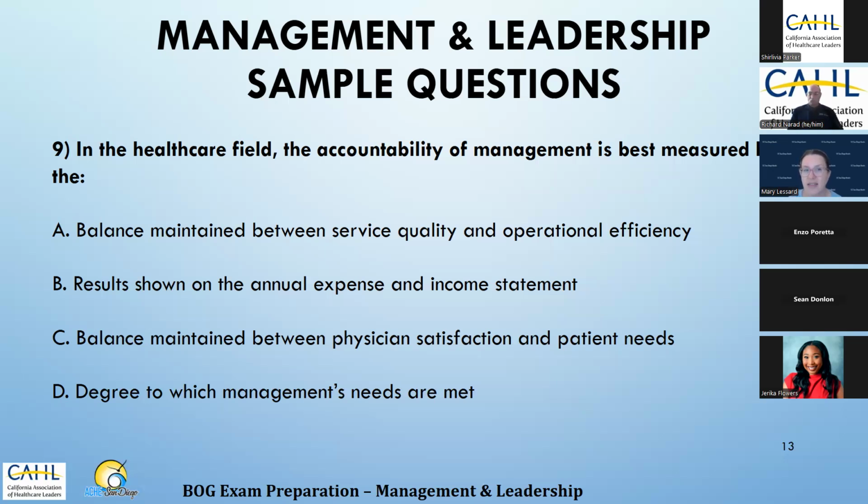I think that is a better and more comprehensive view of holding management accountable for their operations, and then the service quality, the quality of care being delivered. So I'm going with A, as did everyone else. Okay, there we go. Perfect.